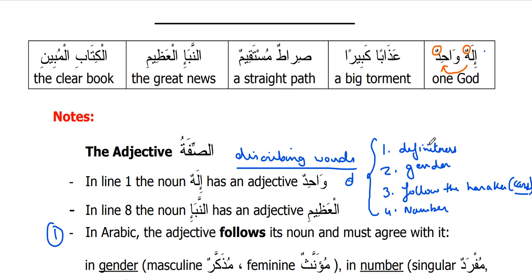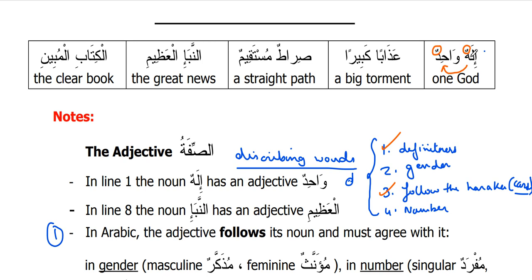So our first point for recognizing and proving that this wahid is the sifa for ilah is that it has the same case, the tanween or single dhamma. Then what else can you see? Is this noun definite? It is a nakira. Yes, it's not definite. So yes, they both are nakira.